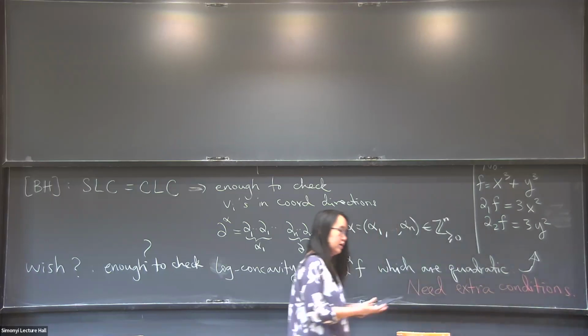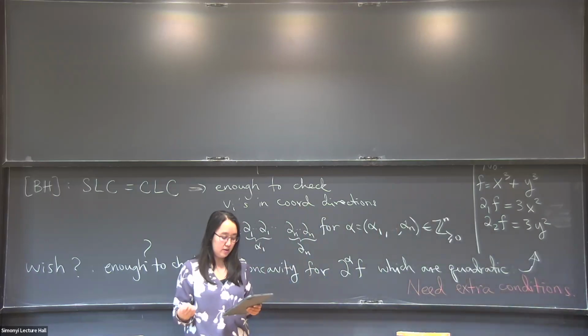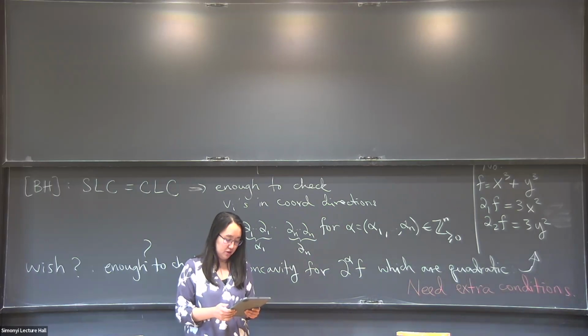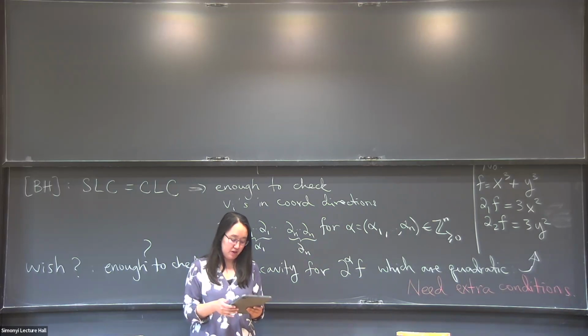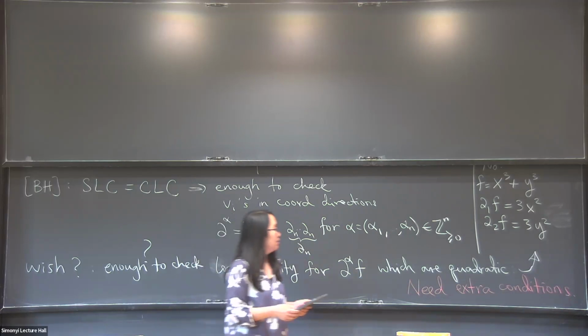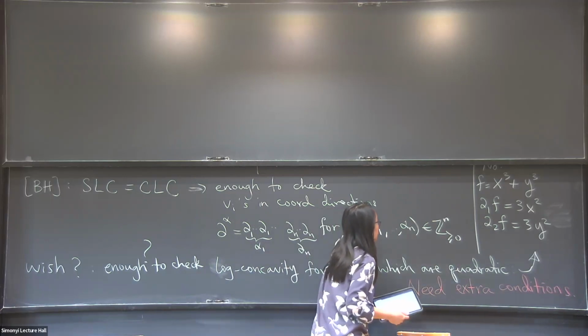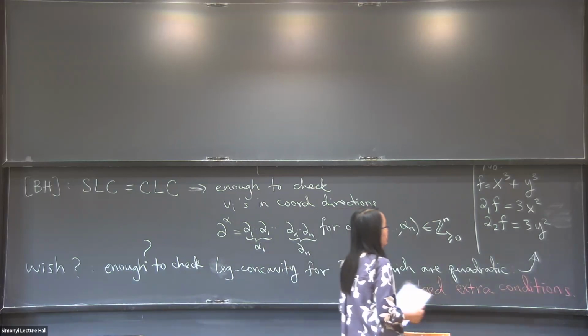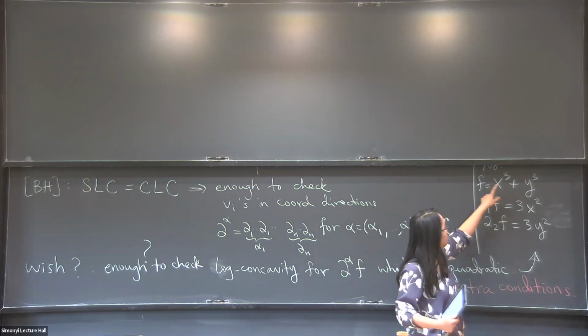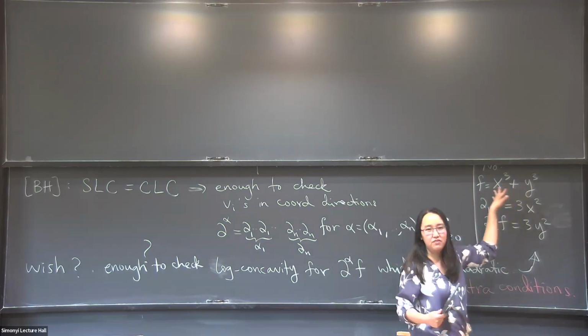So I'll show you two types of extra conditions that you can use. One is coming from the support being matroidal, and another one is saying something about the polynomials not being too disconnected. Right here, this is on a different collection of variables.